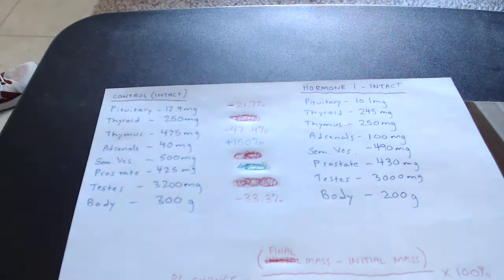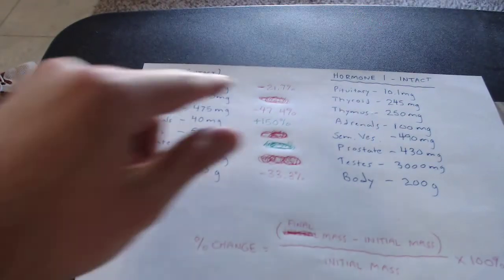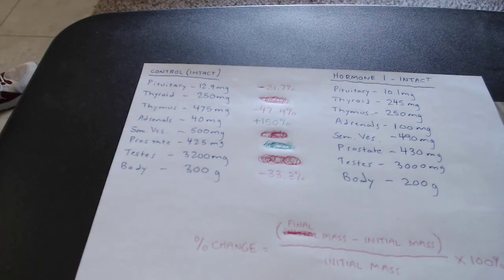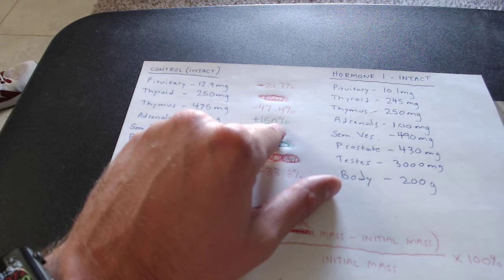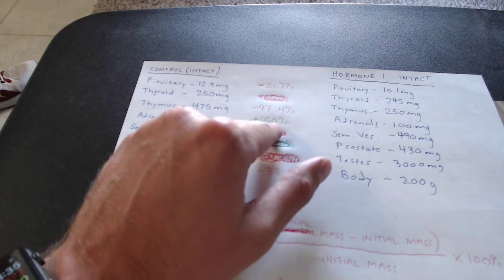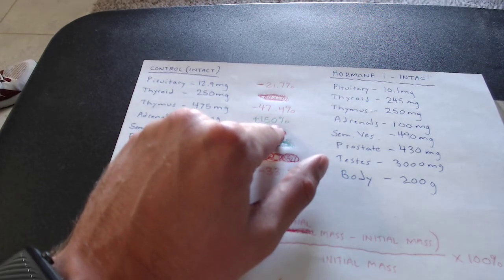And again, the reason why you want to pay attention to which tissues are shrinking and which ones are growing is because the idea is that if a tissue is overstimulated, then it's going to tend to grow. So for example, the adrenals grew quite a bit, so that's evidence that the adrenals are being overstimulated with something.